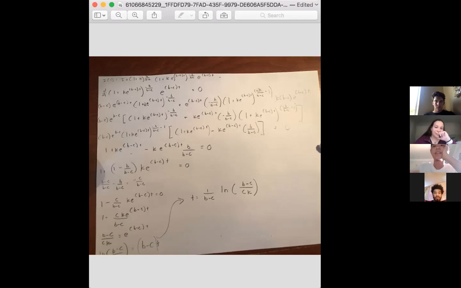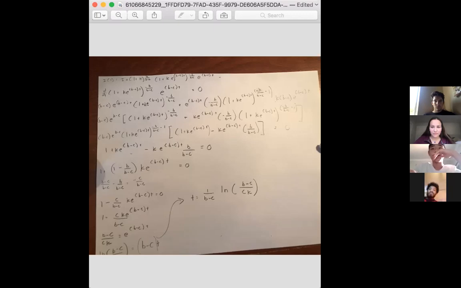And then you want to plug that back in, and you just solve for this term, which is one of the ones you want to isolate. Then you multiply this by b minus c over ck, and that's what you get on the left side. And then you isolate the t even more. You can just take the natural log of both sides, and when you do the natural log, you can bring the exponent down, because natural log of e is just 1.